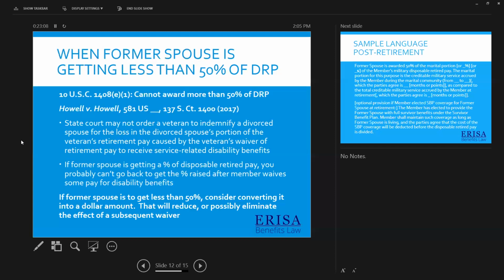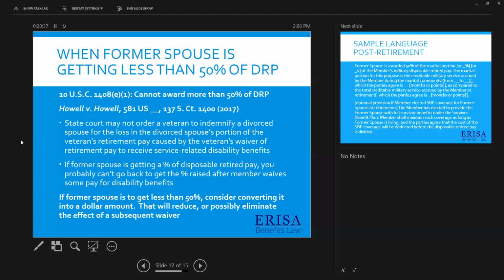But what I think you clearly can do is deal with this problem by converting the award, instead of a percentage, into a dollar amount. Now that only works if you're awarding less than 50% of the disposable retired pay. If you're awarding 50% and you convert that to a dollar amount, if there's a waiver, your dollar amount won't work because it'll become more than 50% of disposable retired pay.